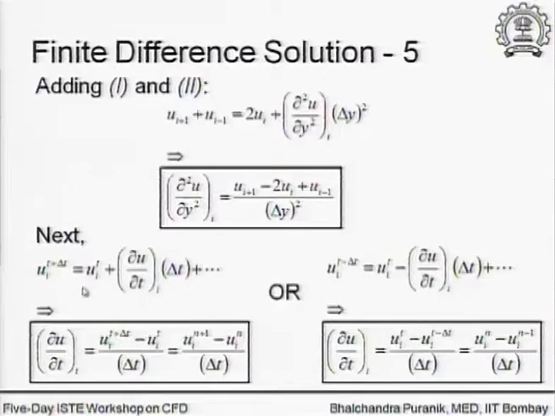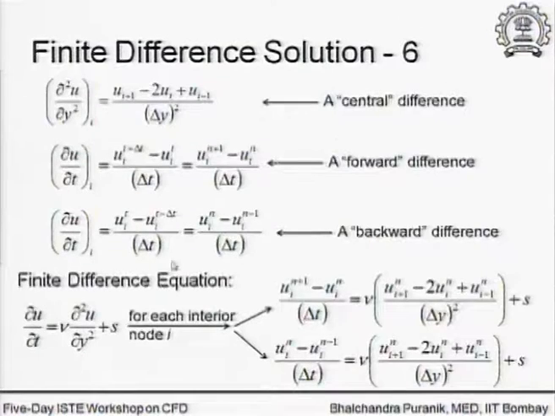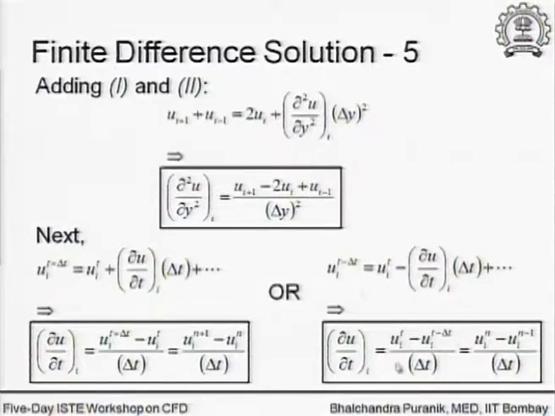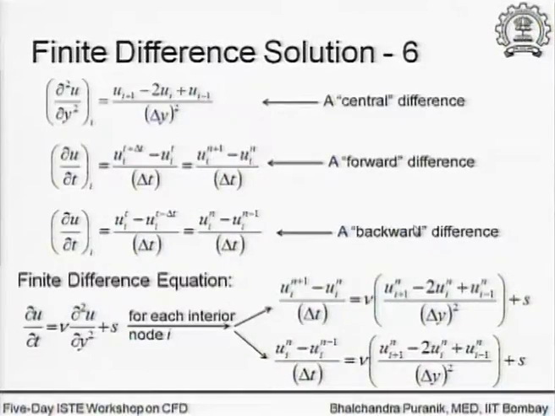The one on the left hand side here for the time derivative is what is popularly called a forward difference, and likewise the one on the right here is what we will call a backward difference in time. So then I can choose whether I want to go with a central difference here and a forward difference for the time, or a central difference here and a backward difference in time.